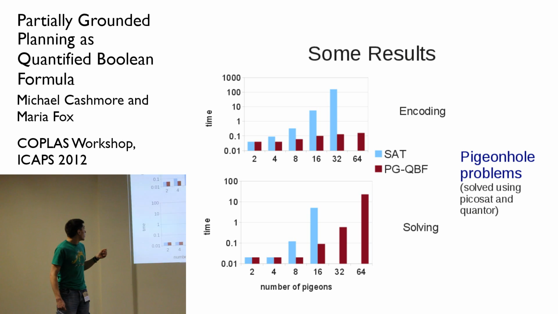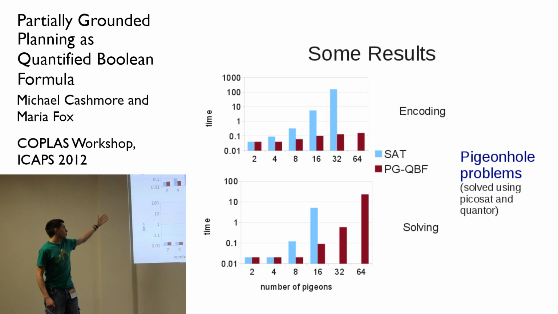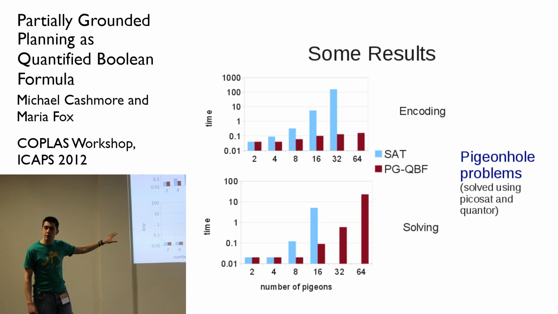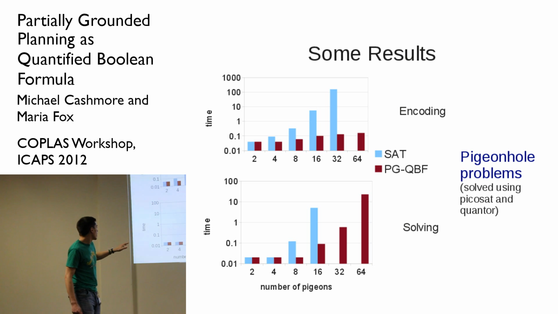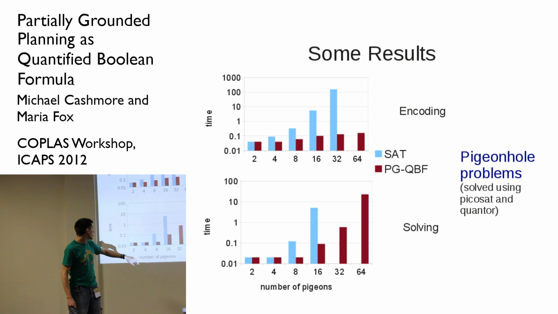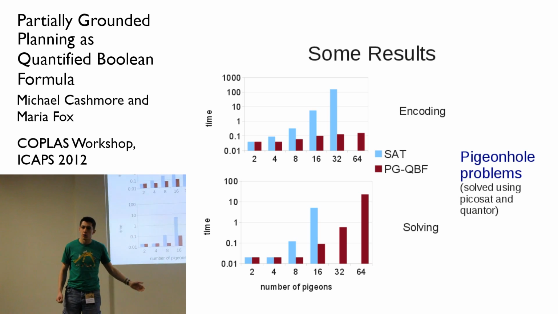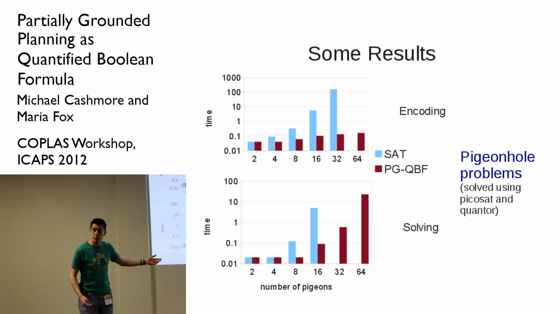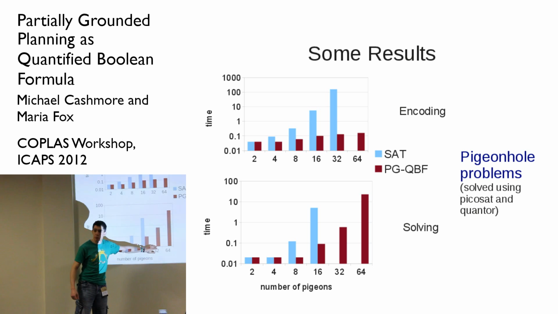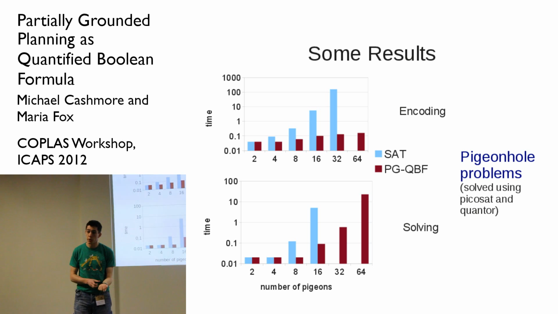And the encoding time was obviously much better since we were not really creating very many variables anymore. In this, both pigeons and pigeonholes were left ungrounded. And we were able to solve 2 more problems than was possible using the grounding approach within the 2-hour time limit per problem. And in fact, on this problem, the SAT approach ran out of memory before the 2-hour time limit was reached.